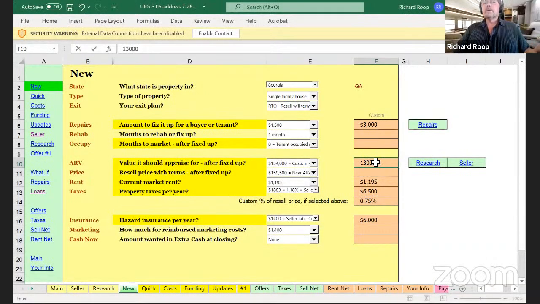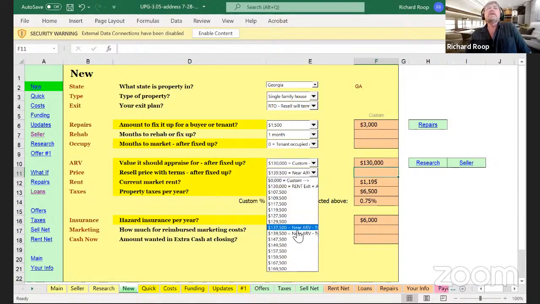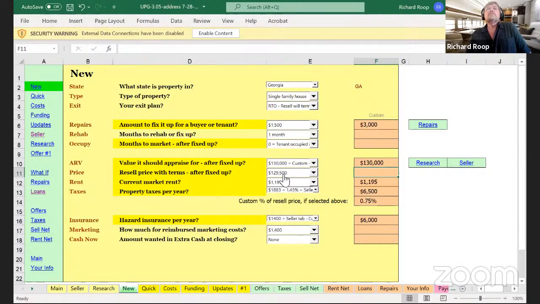Let's use 130. If you took 20,000 off that, that's 139 with terms, or 137. Now we could just assume we have to go down to 129, because it's a fixer upper. So let's run the numbers that way.